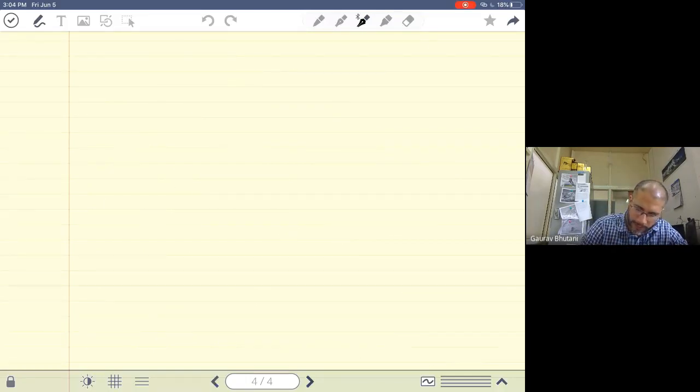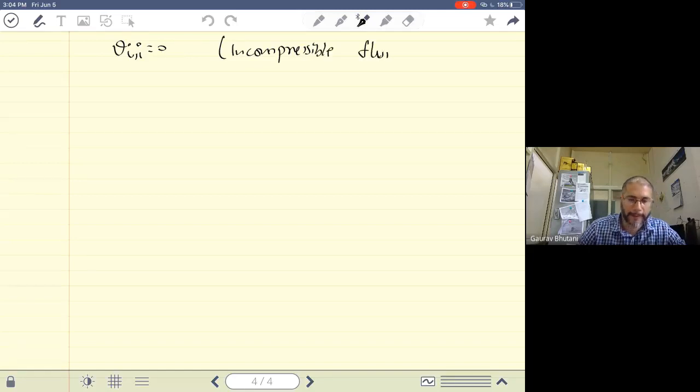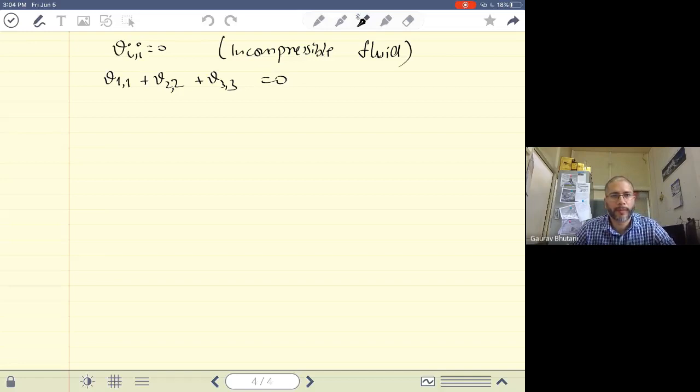So we have Vi comma i is equal to 0, because the fluid is incompressible. When we expand this, it becomes V1 comma 1 plus V2 comma 2 plus V3 comma 3 is 0.